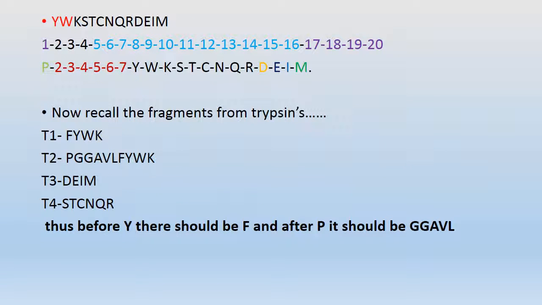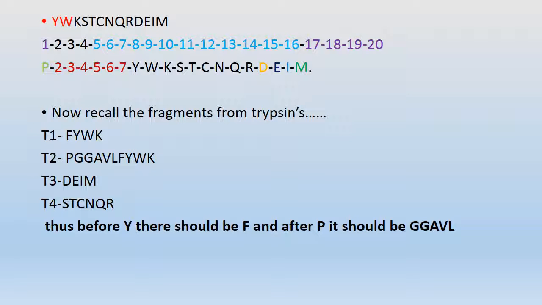So now in total we have got the amino acids. First proline, the DEIM at the C terminal. Now Y, K, S, T, C, N, Q, R also we are getting. Now we remain with 6 amino acids. Now just recall the fragments that you obtained from trypsin. In the trypsin you got the T1, T2, T3, T4 fragments, right?